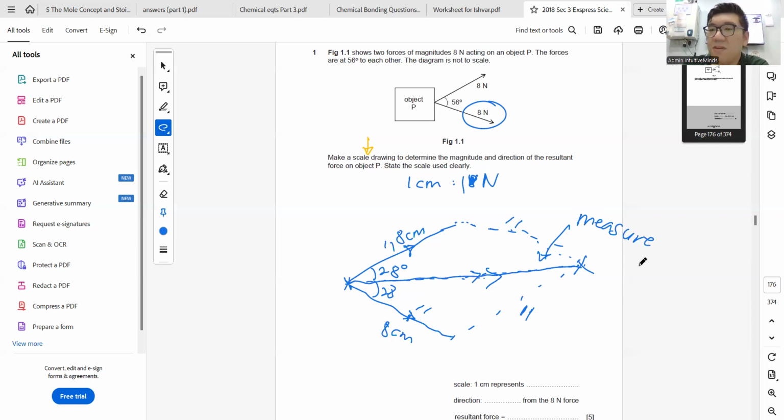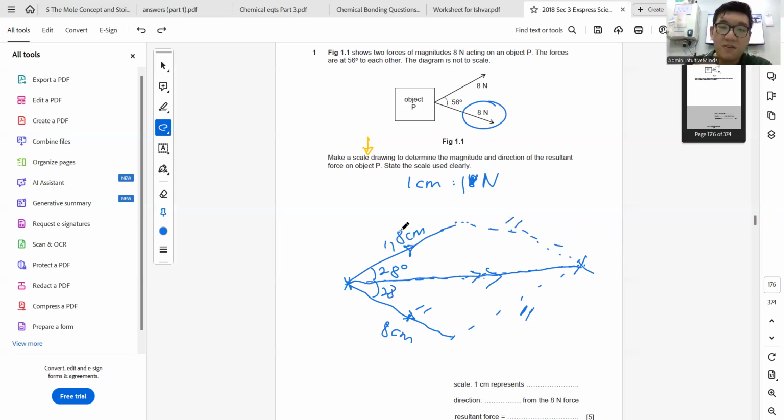So for example, if you measure it to be an arbitrary value of 11 cm, then it should be 11 Newton. So the answer here would then be 11 Newton. We've not drawn yet, so we'll check the answers later. But that is the basics to doing this question.